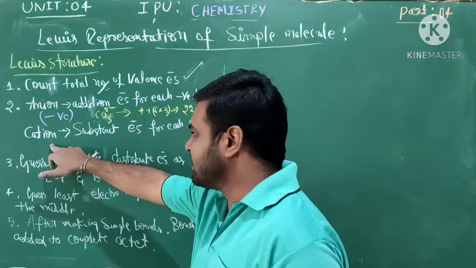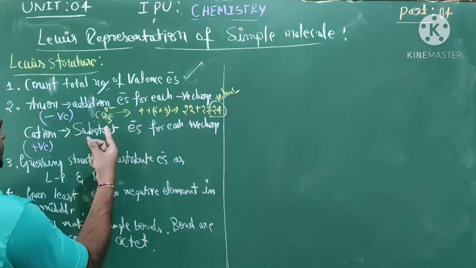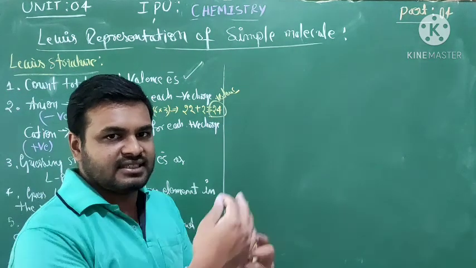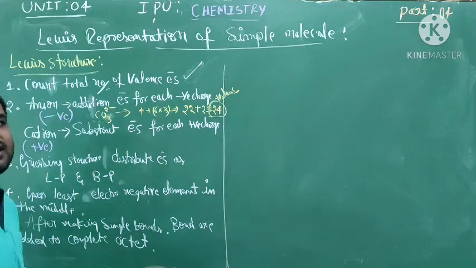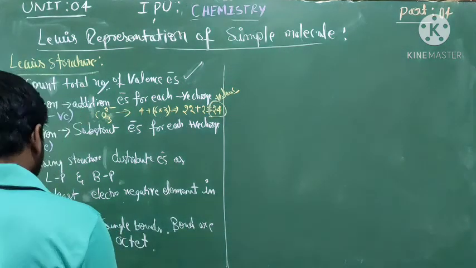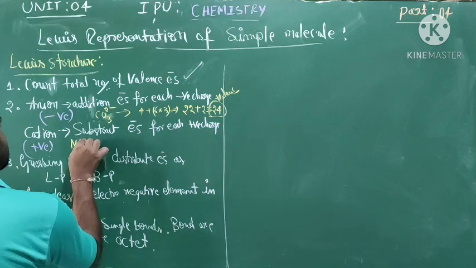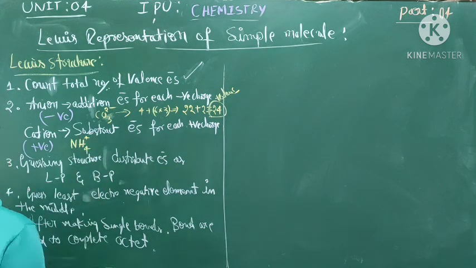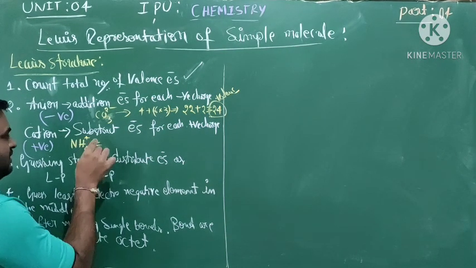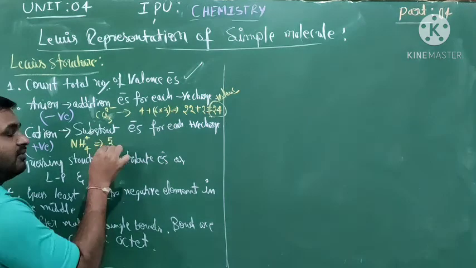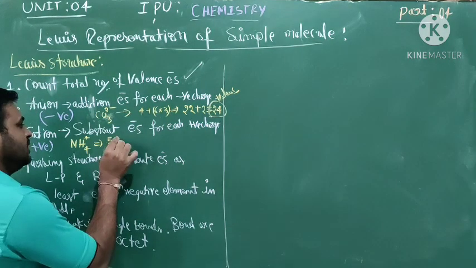What about a cation? A cation is positive, so subtract that number of electrons from the overall molecule. For example, check NH4 plus. Nitrogen has 5 valence electrons, though the atomic number is 7.